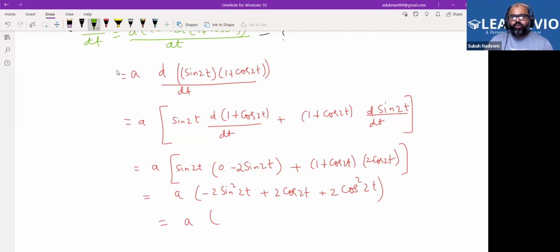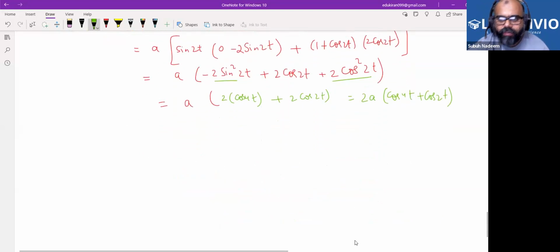So what we can do now is this one and this one, 2 we take common. So it is cos squared 2t minus sine squared 2t, which is cos 4t, and then plus 2 cos 2t. So this is becoming 2a common and cos 4t plus cos 2t. So this is dx by dt.